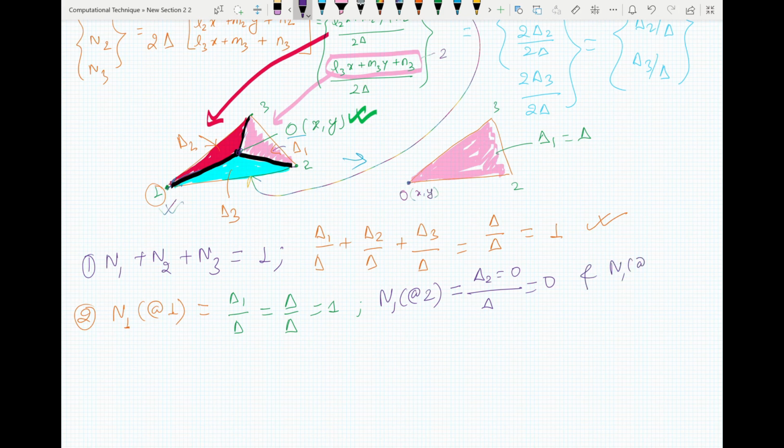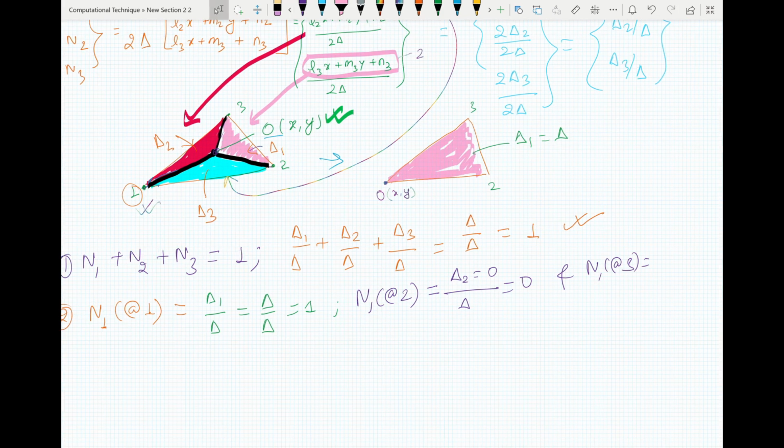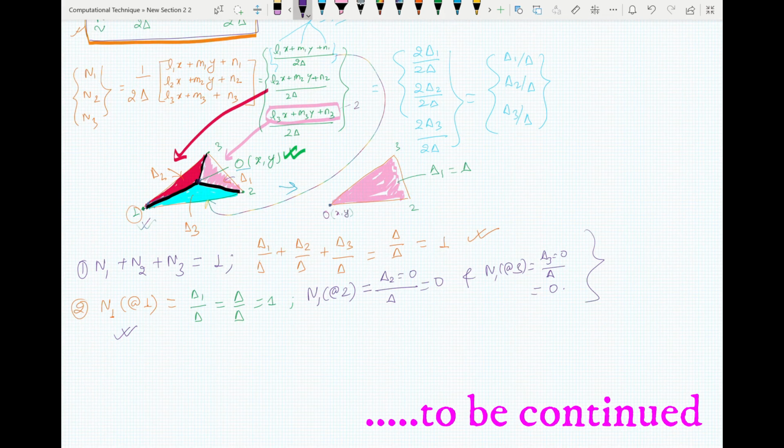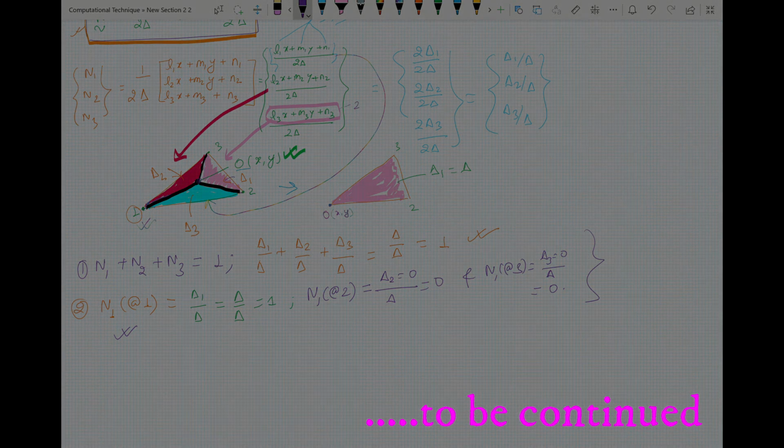Your n1 at 3 must also be equal to 0. You can see here there is no blue color. That means your delta 3 equals 0, and divided by delta, this will be equal to 0. Now you see this condition is also satisfied. Once these conditions are satisfied, you'll know that your shape functions are correct.